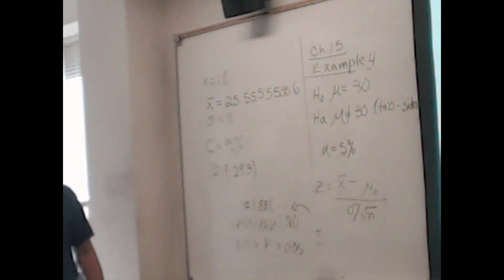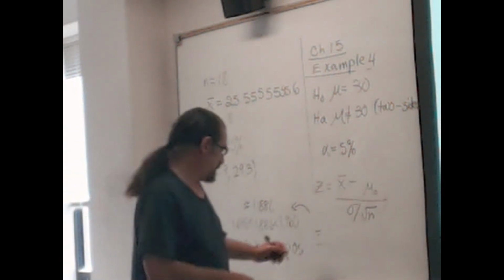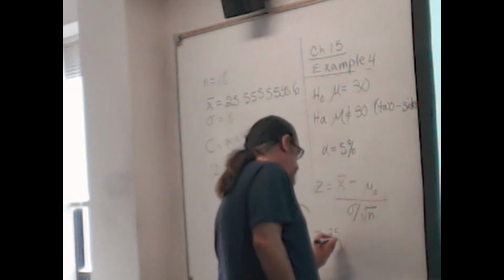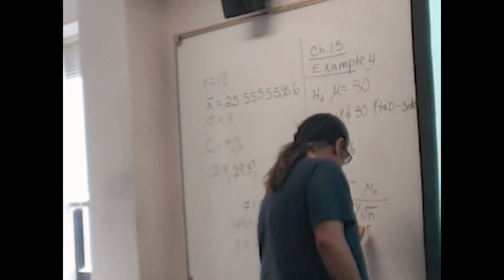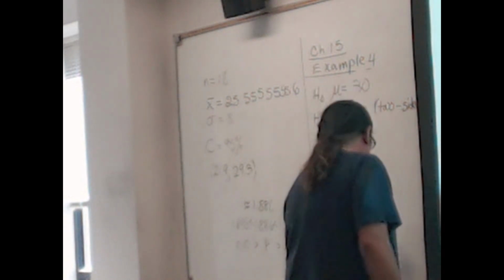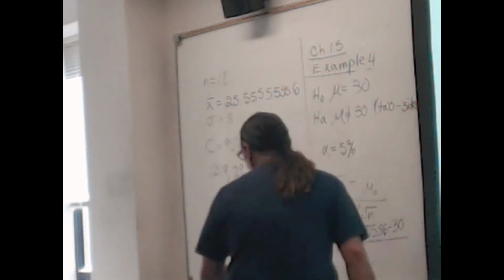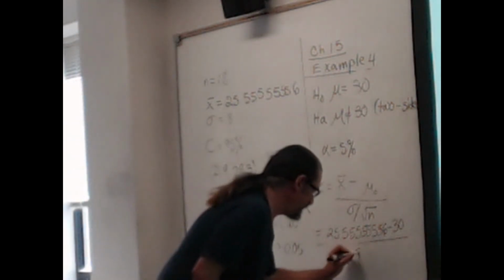What's the order of your subtraction? Let's see here. We'd still start with that 25.5 stuff. Subtract 30 from that, and that's still all going to be over a divided by the square root of 18.